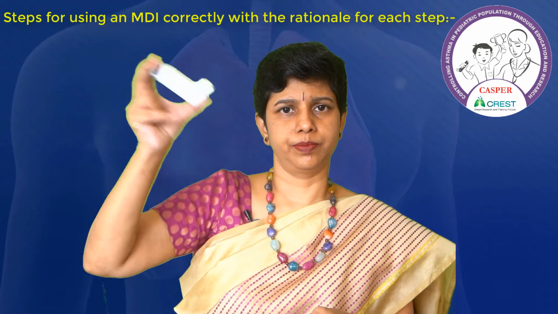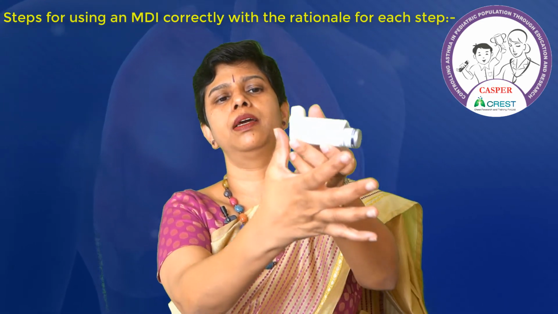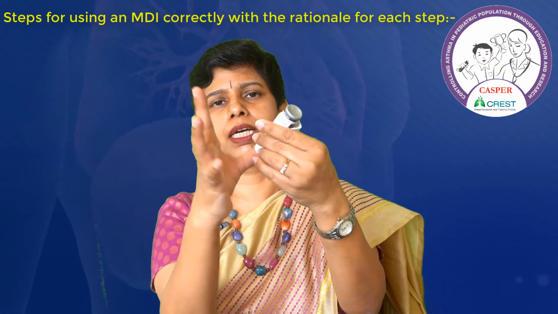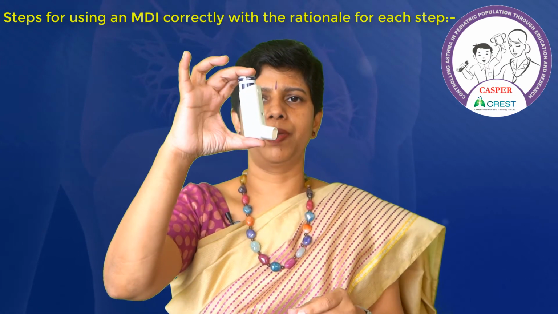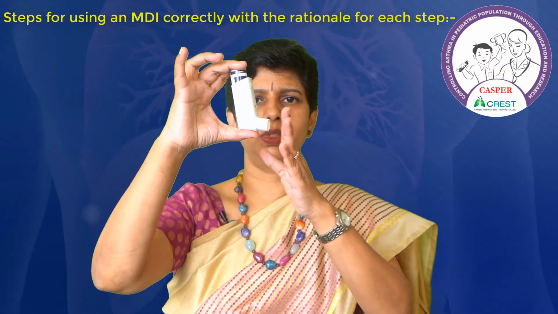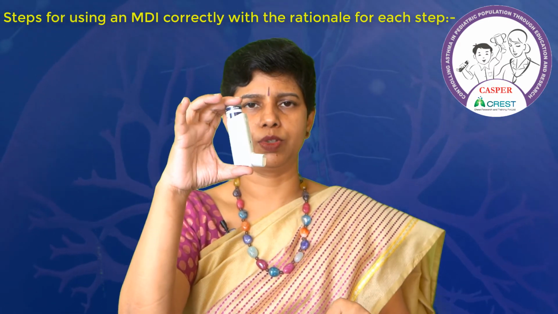Shake. First of all, holding the inhaler should always be the thumb over here. There is a slot for holding the inhaler, so thumb over here and two fingers up here. When you press the two fingers, the dose gets actuated. I hope you could see the drug coming out.